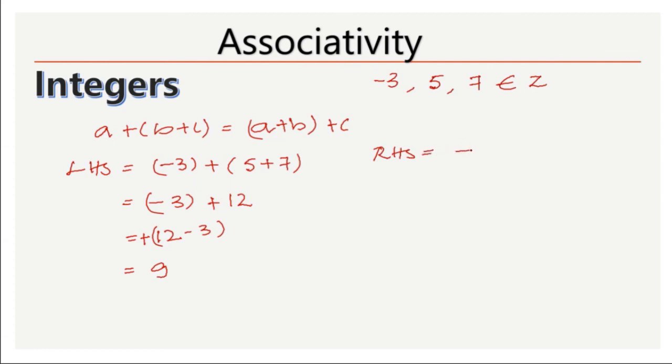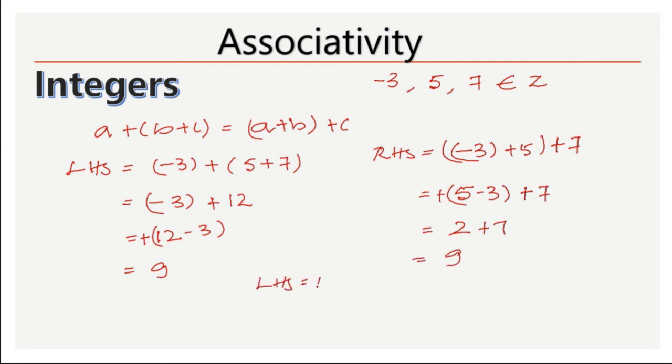We have minus 3 to be added to 5 and that sum to be added to 7. So here it is 5 minus 3. We take the sign of the larger absolute value. So we get 2 added to 7. This becomes 9. So left hand side equals right hand side. So the associative property of integers under addition is verified.